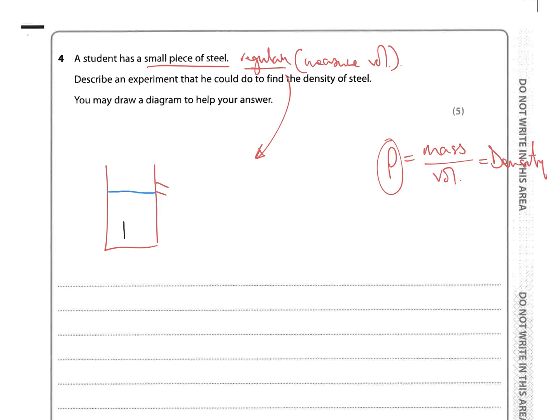You drop into it your object, and you would collect in a beaker or some other vessel the quantity of water that's being displaced. So this is the displaced water.